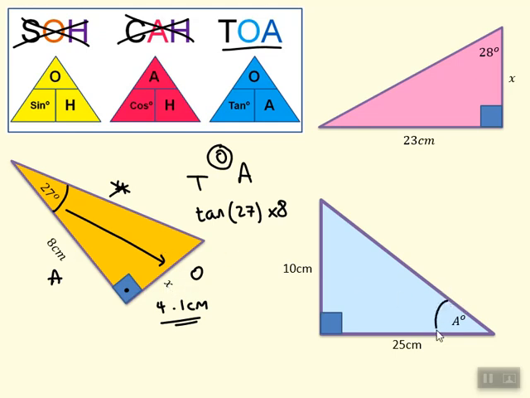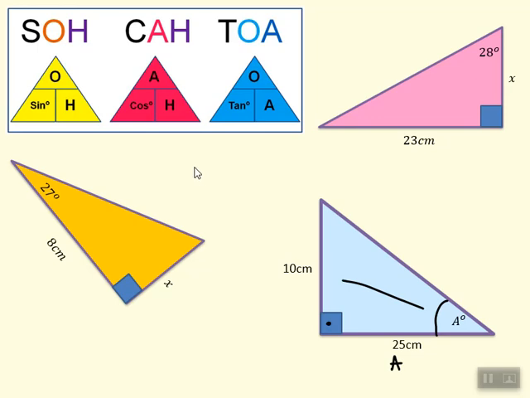So we're asked to work out this angle here. So let's label it. This is the right angle, that's the hypotenuse, which we don't need. So this is the opposite side, that's the O, and this is the adjacent side. So again, we don't want that, we want TOA. Let's just clear some of this annotation. So TOA.